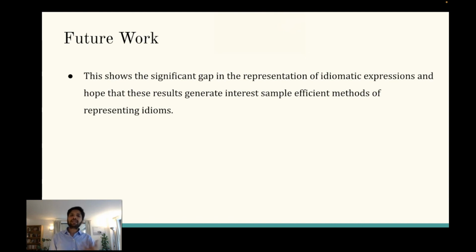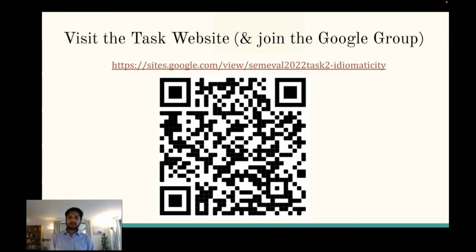And there seems to be a significant gap, especially in the representation of idiomatic expressions. We hope that our findings will generate interest in finding efficient ways of representing idioms and of detecting idioms in this 0-shot setting. We present both the task and our findings in a lot more detail in the paper.